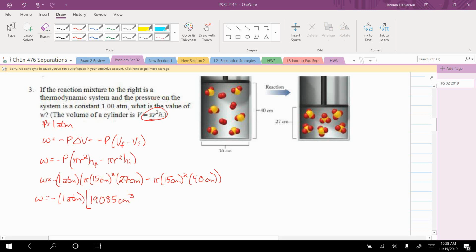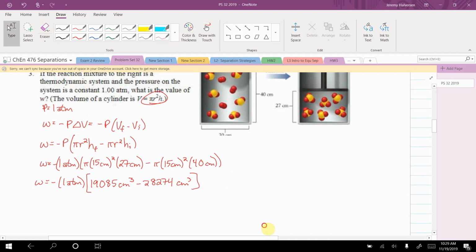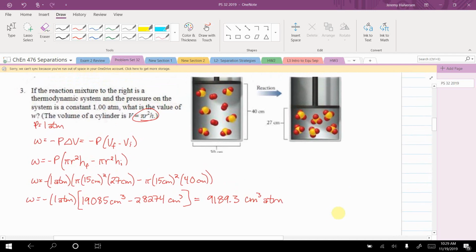I had a centimeter squared times a centimeter, that's centimeters cubed, minus pi times 15 squared times 40, minus 28274 centimeters cubed, which gives me, which equals 9189.3 centimeters cubed atmospheres. Okay, well that's not a very useful unit of work.